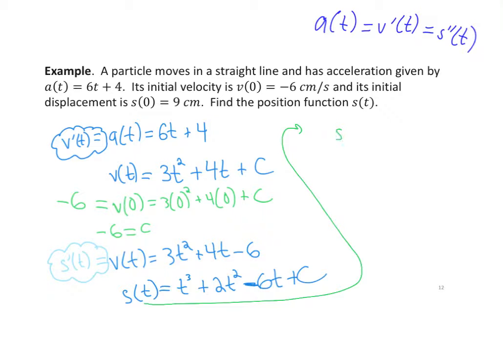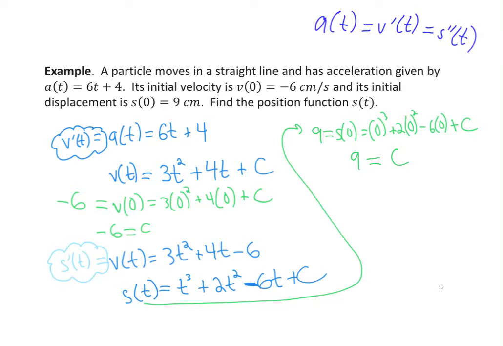We get s of 0 is equal to 0 cubed plus 2 times 0 squared minus 6 times 0 plus c. And again, the given initial displacement is 9. Simplifying that all, we have 9 equals c.